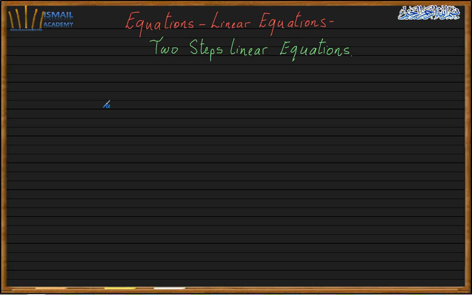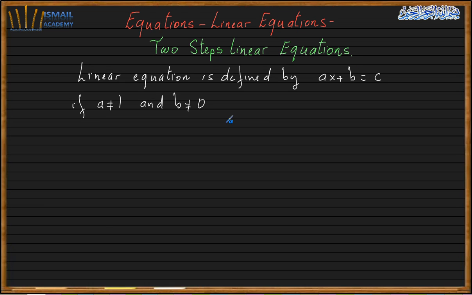If A is not equal to 1, then AX plus B equals C is called a two-step linear equation.